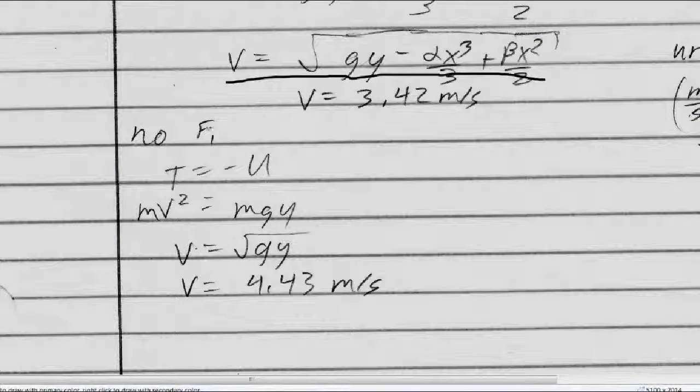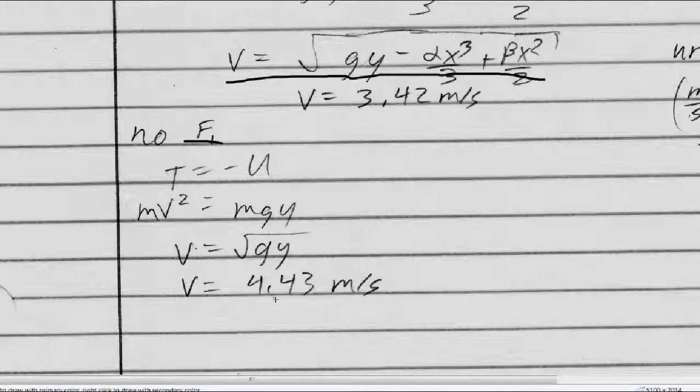And if we didn't have that F1 force, we just solve that quickly, and we get that the velocity would be equal to the square root of g times y, and the velocity would be 4.43 meters per second.